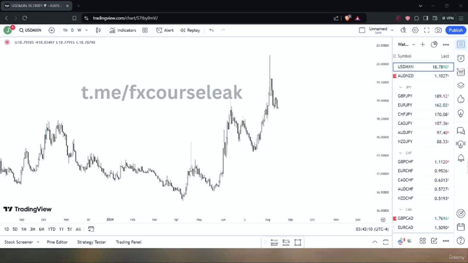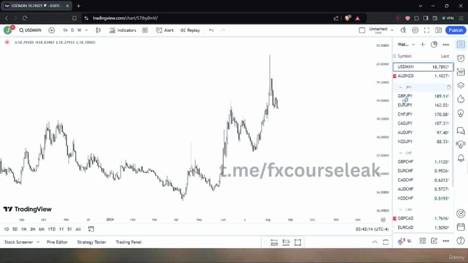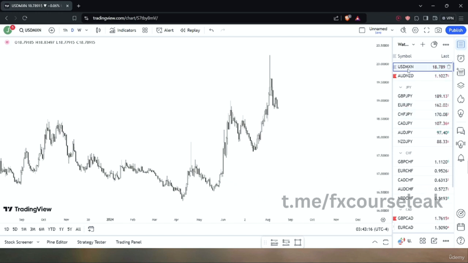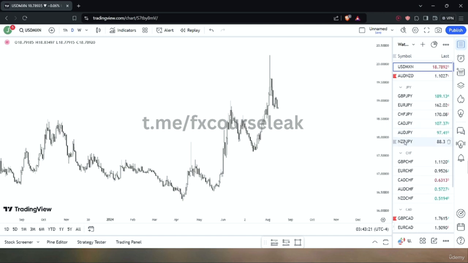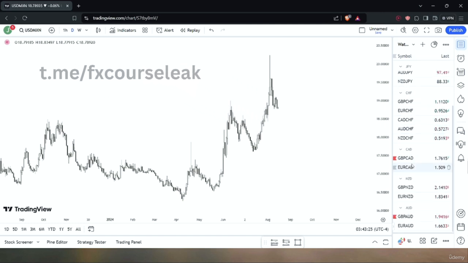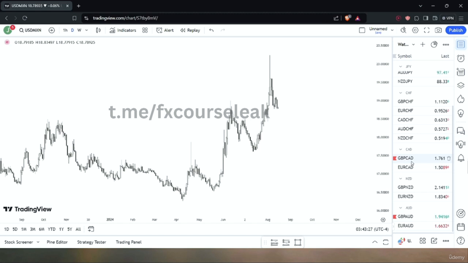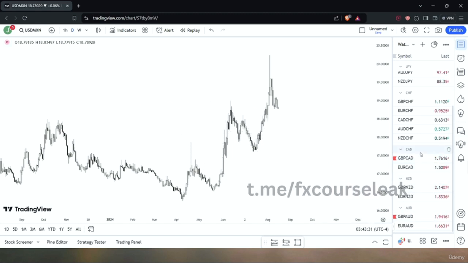Okay, so now that we've learned all of the concepts, we're going to apply them. Basically, the pairs I like to swing trade are USD-MXN, also AUD-NZD, all of the JPY pairs, all of the CHF pairs, all of the CAD pairs, well, just Euro and GBP, same for NZD and same for AUD.